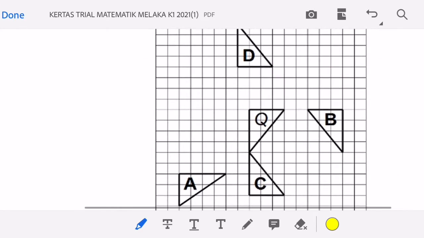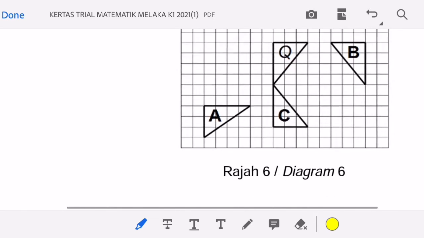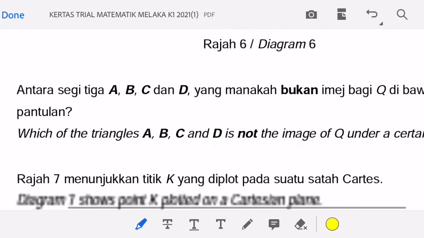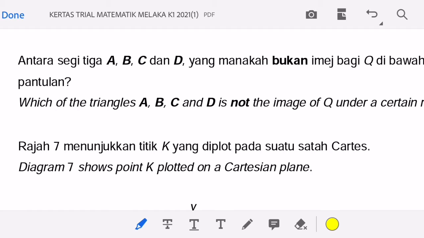We have A, B, C, D, and triangle Q. Antara segitiga ABCD, yang manakah bukan image, very important keyword, bagi Q, di bawah suatu pantulan. So the keywords are: which of the triangles ABCD is not the image of Q?